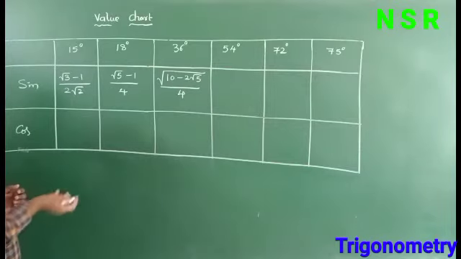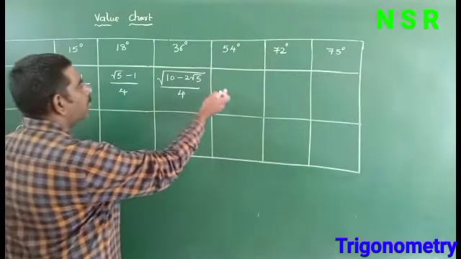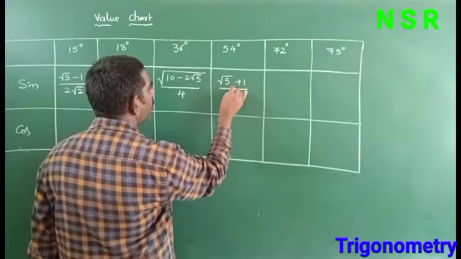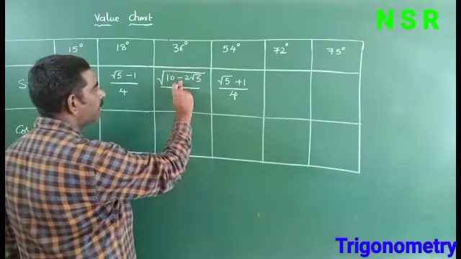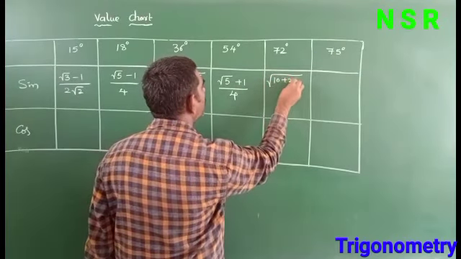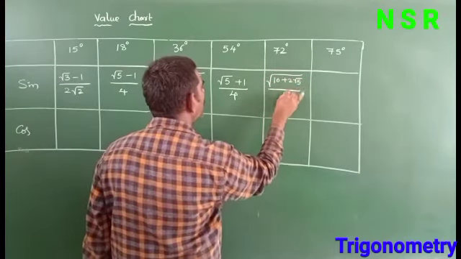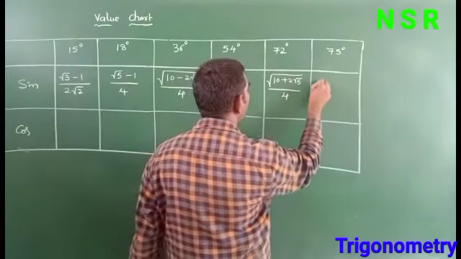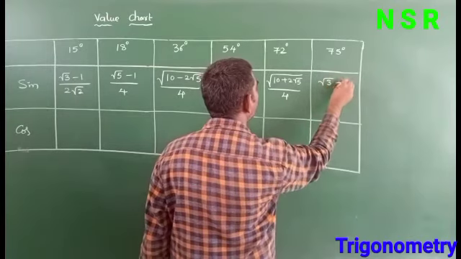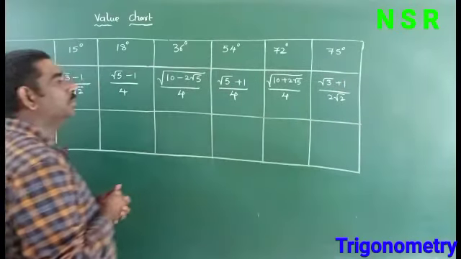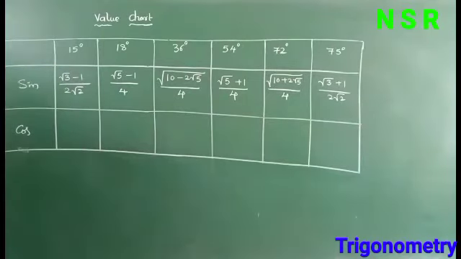Next sin 54, same value but here plus, root 5 plus 1 by 4. Next sin 72, same value with positive, that is square root of 10 plus 2 root 5 by 4. Next sin 75. So sin 15 and sin 75 same but here write root 3 plus 1 by 2 root 2. So these are the values of 15, 18, 36, 54, 72, 75 of sin.